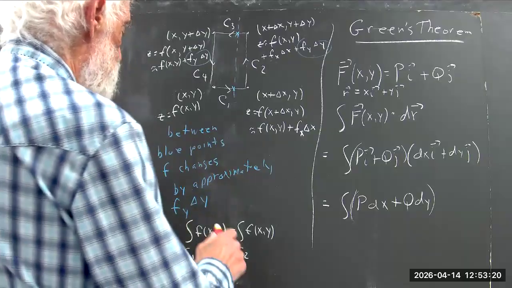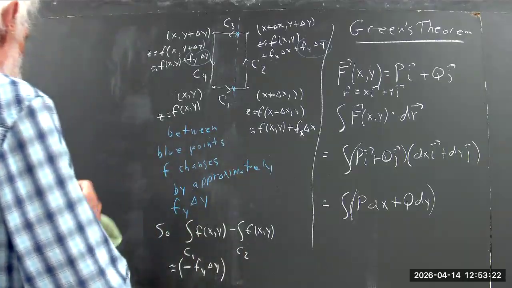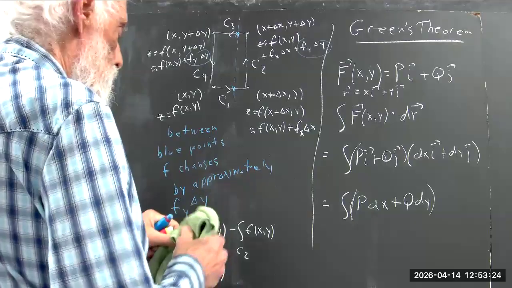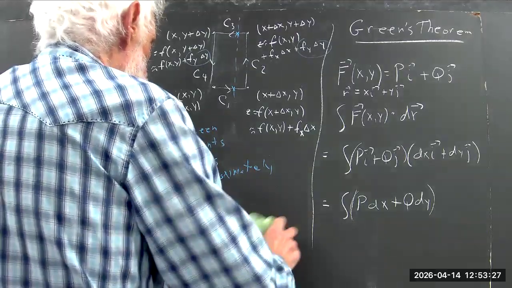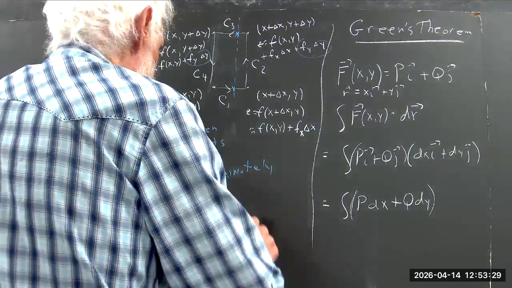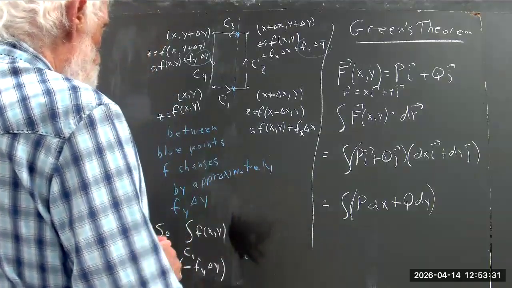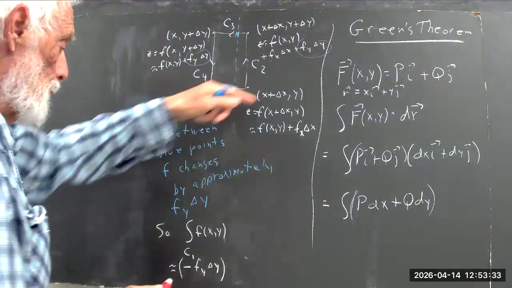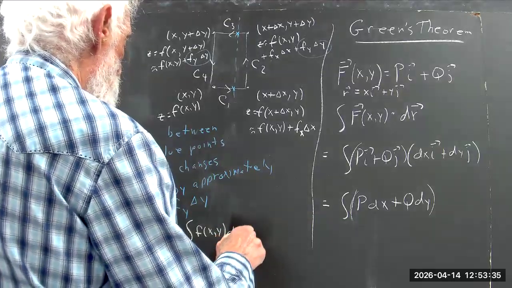And of course, that's got to be, I want to rewrite these just a little bit because I should have put the dx in here. The integral over C1 is implicitly with respect to x.